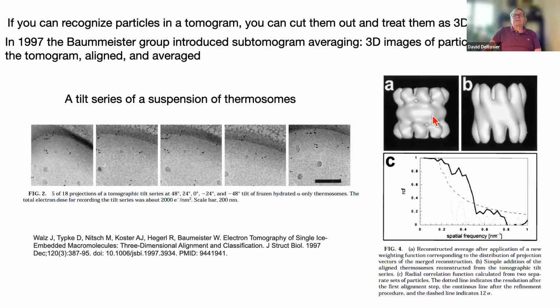Here are two different methods of doing the averaging, and here's a Fourier shell coefficient. This was a proof of concept to show that subtomogram averaging could be done and you could recover a structure. So it's very important.